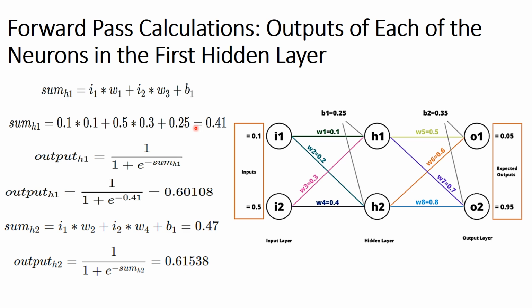This equals 0.41. ده كأنه الدخل الكلي للنيورون H1. الدخل الكلي للنيورون H1 هنعوض به في قيمة دالة التنشيط المستخدمة، ونعتبر دالة التنشيط المستخدمة هنا السيجمويد، اللي بتكون 1 over 1 plus e to the minus Z. كنا بنقول Z ده يعني هي القيمة اللي هنعوضها. حاليا هتكون هي القيمة اللي هنعوضها هي sum H1. ده رمز، يعني sum H1 يعني المجموع للدخل الخاص بالنيورون H1. فالقيمة اللي حسبناها دي 0.41 هنعوض بها في sum H1.